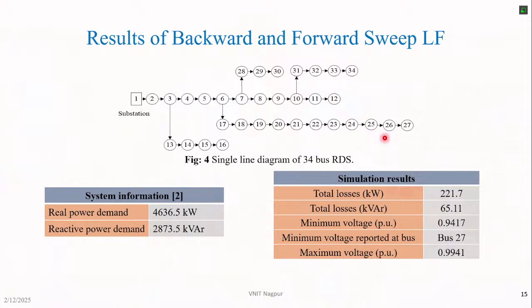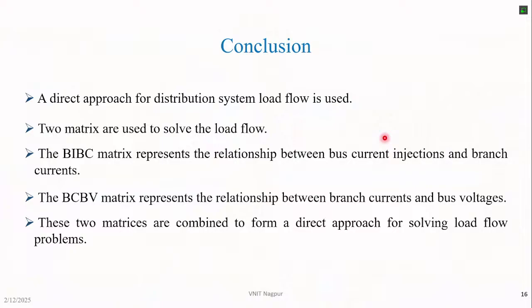This is a general approach for the distribution system that we can utilize instead of Newton-Raphson. Newton-Raphson is not a big problem, but sometimes it does not converge. It gets stuck due to different R/X ratios.